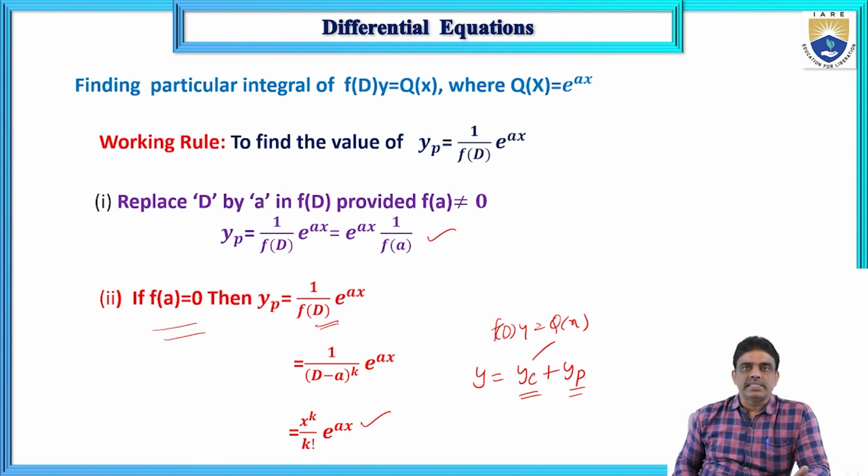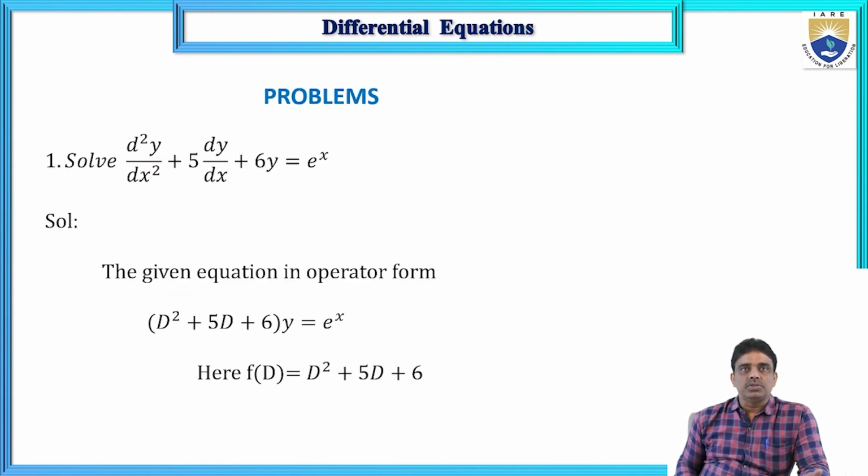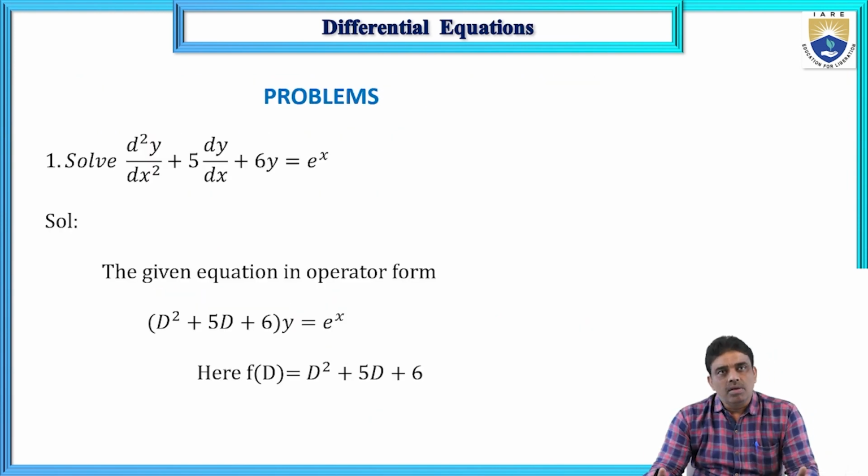We will see some examples when the right hand side function is e power ax or constants or cosh ax or sinh ax, because all those can be represented in terms of e power ax and e power bx, etc.